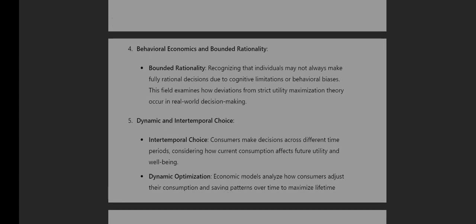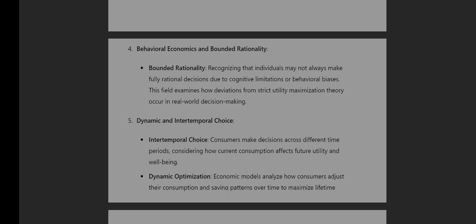In bounded rationality, we recognize that individuals may not always make fully rational decisions due to cognitive limitations or behavioral biases. This field examines how deviations from strict utility maximization theory occur in real-world decision making.